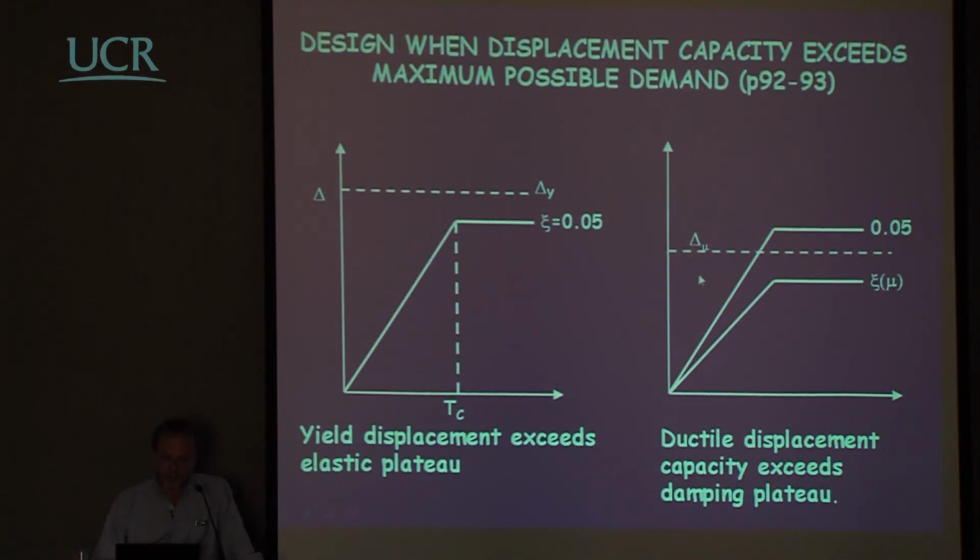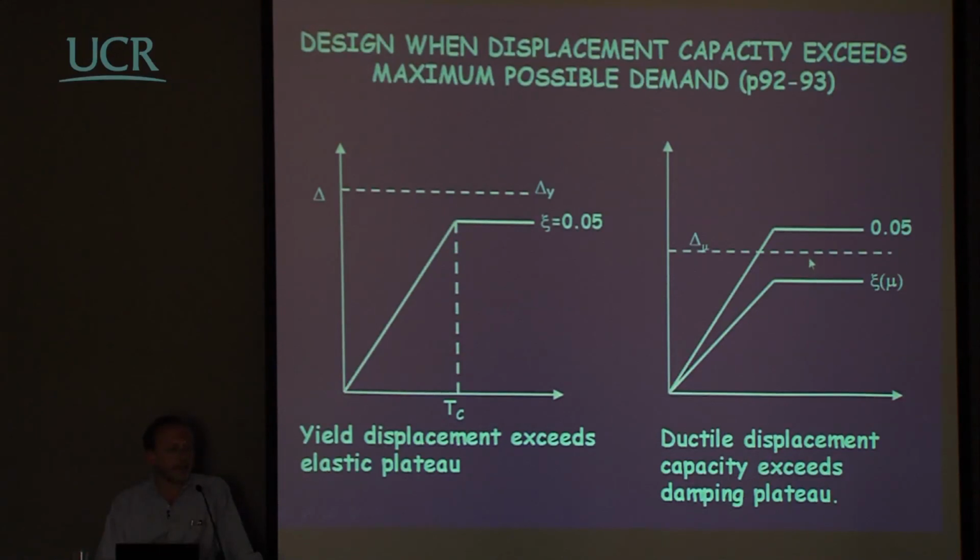So the difference between this level and this level is that this is a yield displacement and this is a design displacement. So what happens here is that you are below the curve represented by the 5% damping, but you are above the curve which corresponds to your design level.